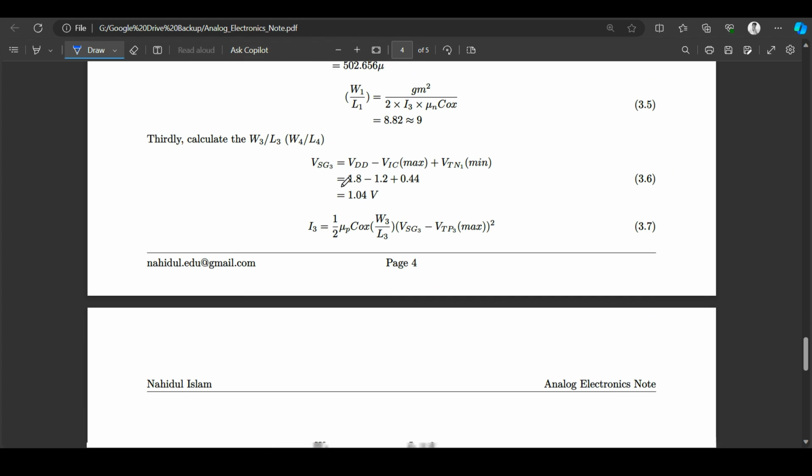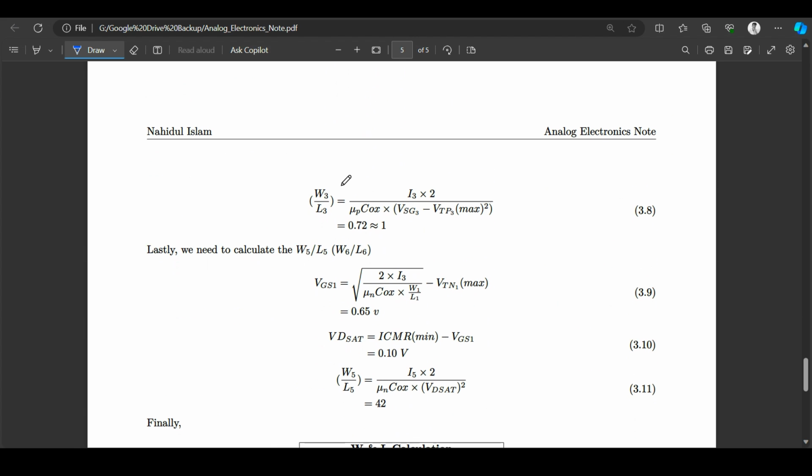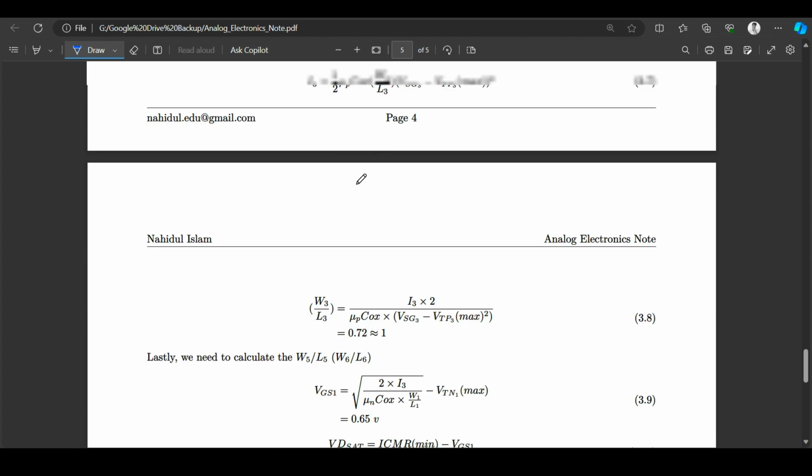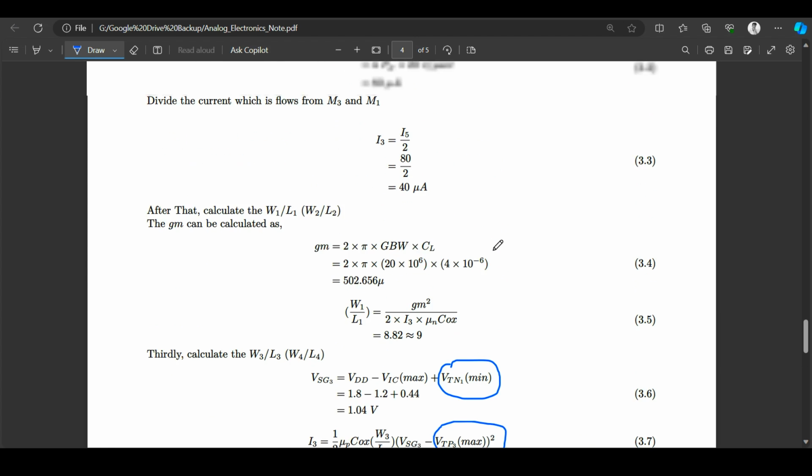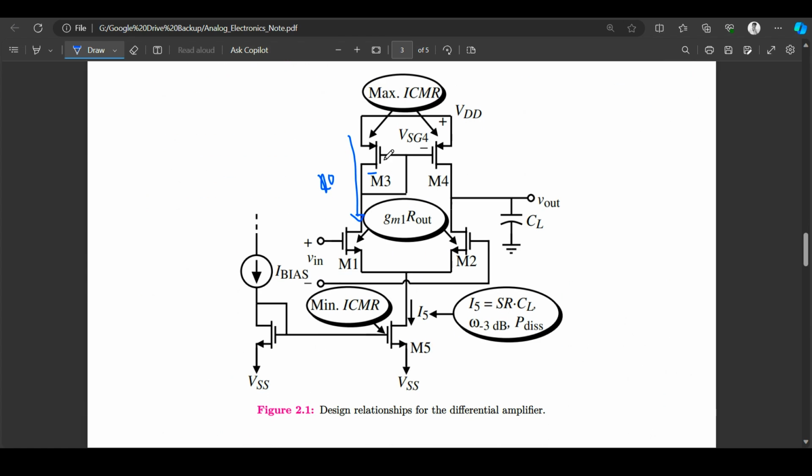Before going to calculate the W by L ratio for M3 and M4, I have to know two parameters, which are the VTN minimum and VTP maximum: the maximum threshold voltage for this PMOS, and the minimum threshold voltage for this NMOS.